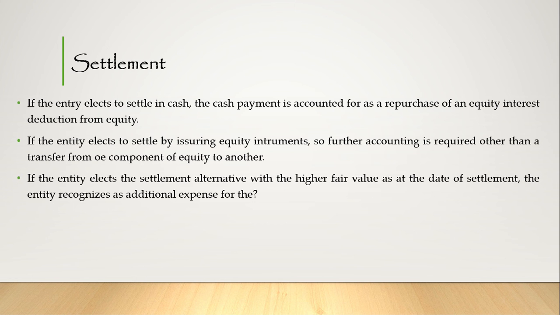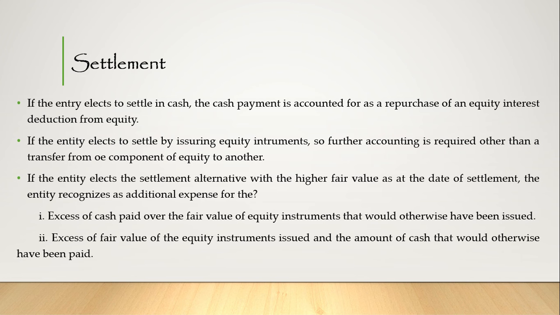If the entity elects the settlement alternative with the higher fair value as at the date of settlement, the entity recognizes an additional expense for the excess of cash paid over the fair value of equity instruments that would otherwise have been issued, or the excess of the fair value of the equity instruments issued over the amount of cash that would otherwise have been paid.